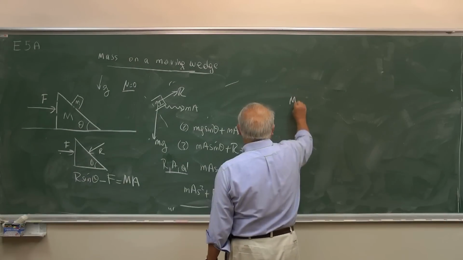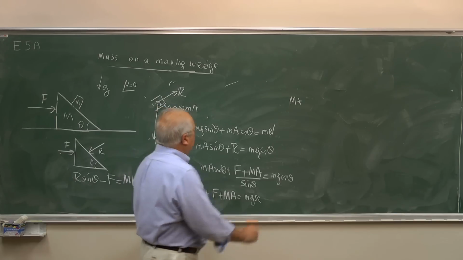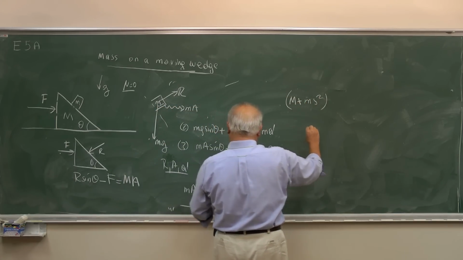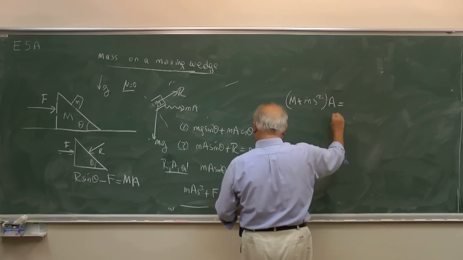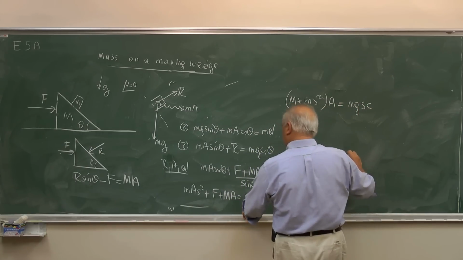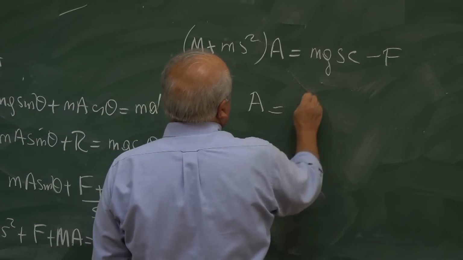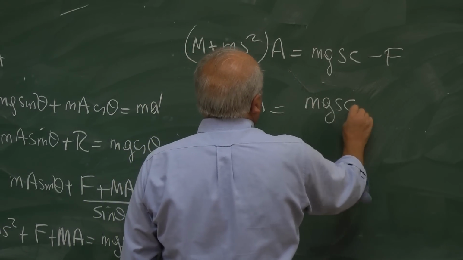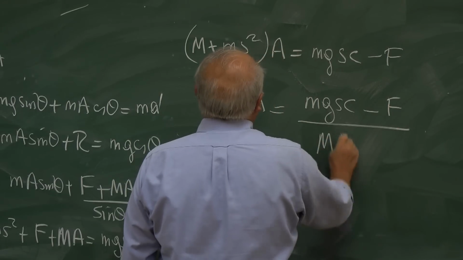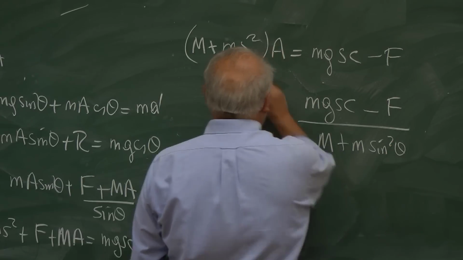So m plus big M plus m s square, A is equal to mgsc minus F. Therefore, A is mgsc minus F over M plus m sine square theta.